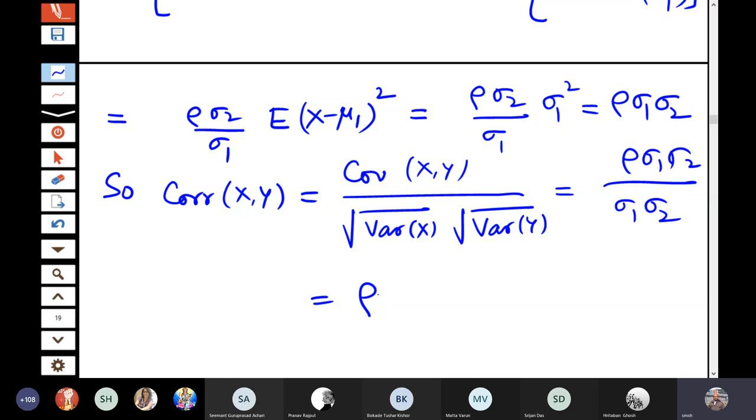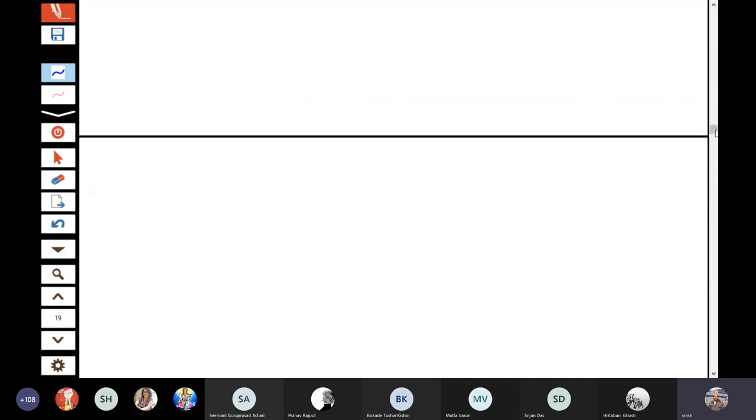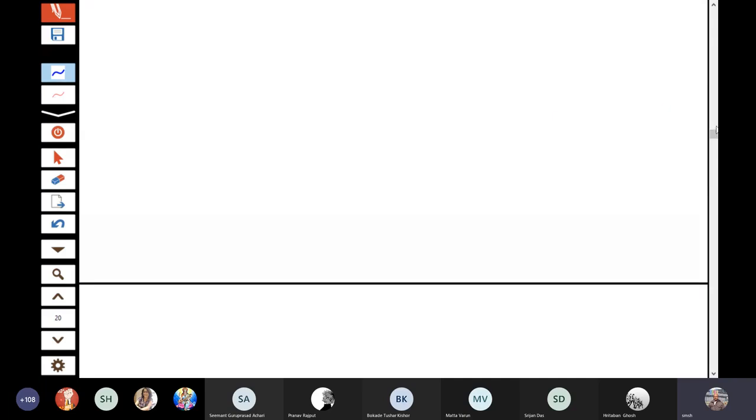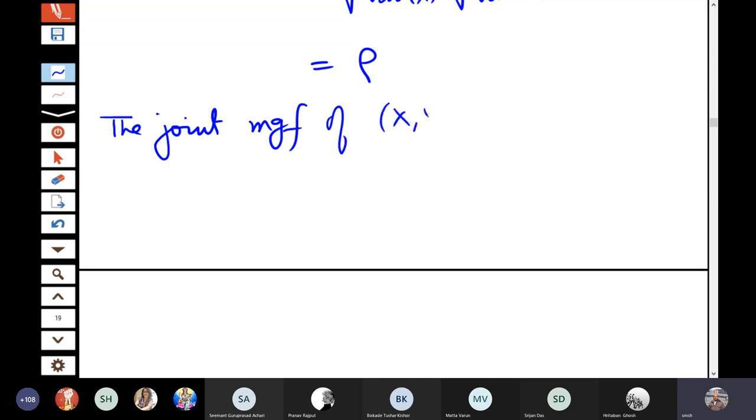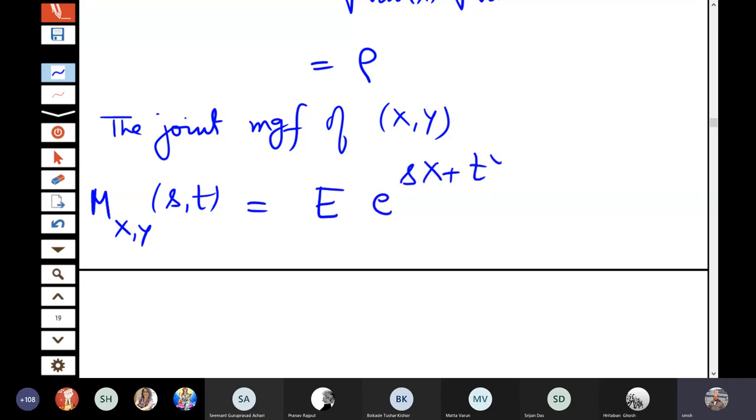Let us also look at the joint MGF here. Let us calculate the joint moment generating function of x, y, that is M_XY(s,t), that is expectation of e to the power sx plus ty.